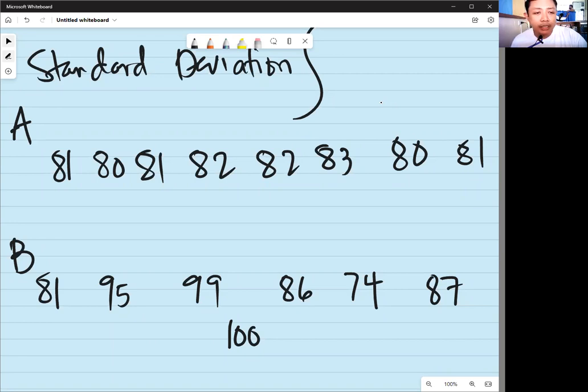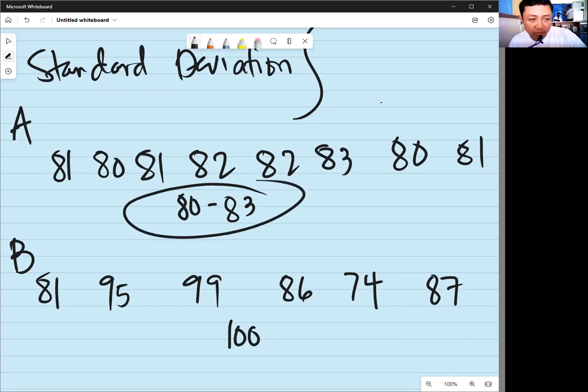If we look at the range for student A, the grades of student A range from 80 to 83. And for student B, the range of the grades is from 74 to 100.